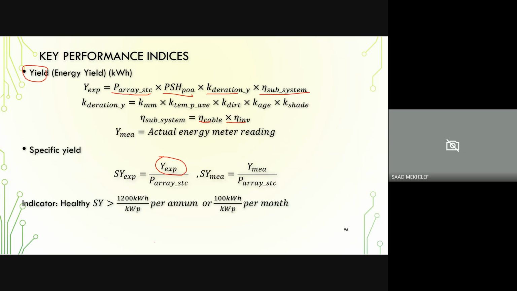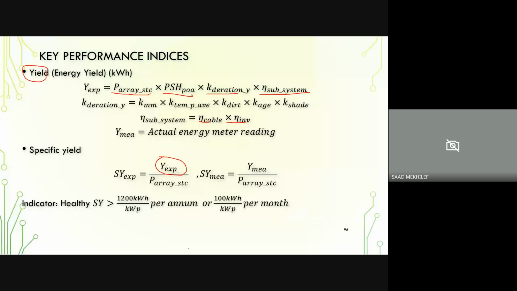So what does it mean? It means if I have a 1 kilowatt peak PV system, this 1 kilowatt PV system should give me 1,200 kilowatt hour per year. If it gives me that, it is very healthy. If it is not, then that's not enough, that's not healthy.